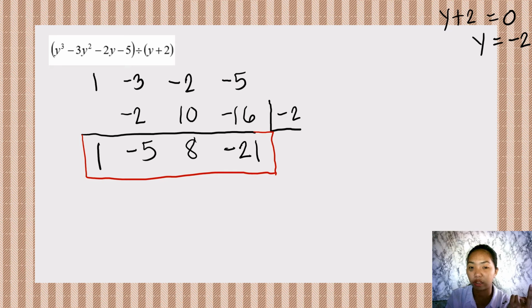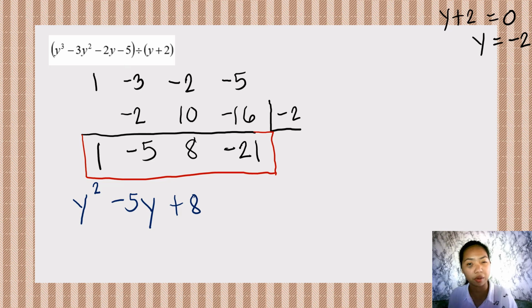There is no need to write 1 for the coefficient because it is assumed to be 1 if there is none. We follow the same variable y, squared. And then negative 5, we are done with the squared, so we are down to the exponent 1. And then our 8 is the constant. And what about negative 21? We are done with the constant, there is no more that we can write.